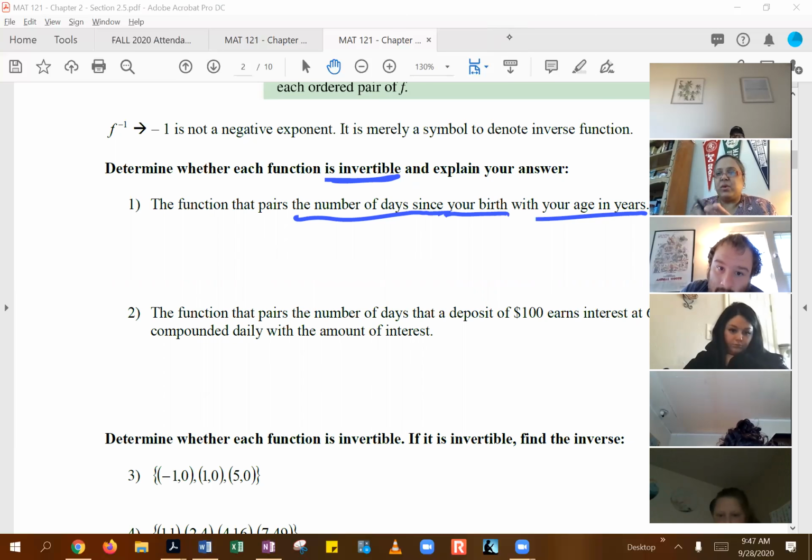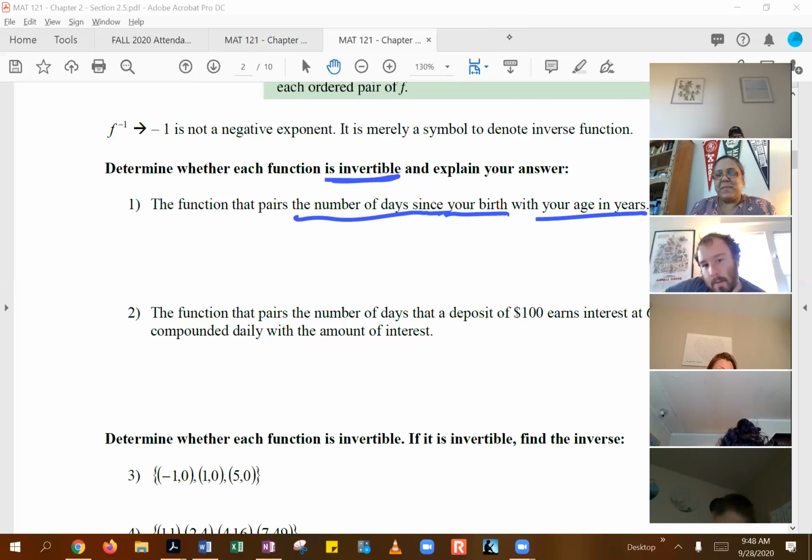It doesn't matter which one you take as the X variable and which one you take as the Y variable. So the number of days since your birth and your age, can we have that one-to-one relationship? Yes. Randy, are you saying yes also? Yes. Okay. Let's think about this, because this is an example we have used in the past.